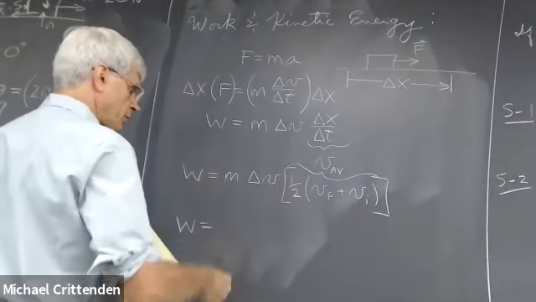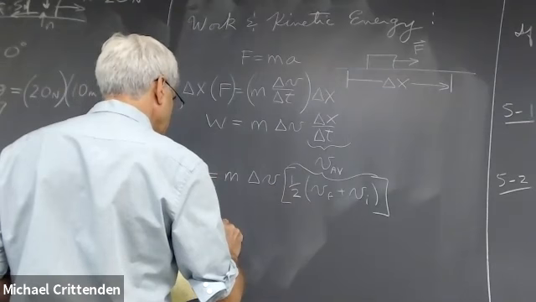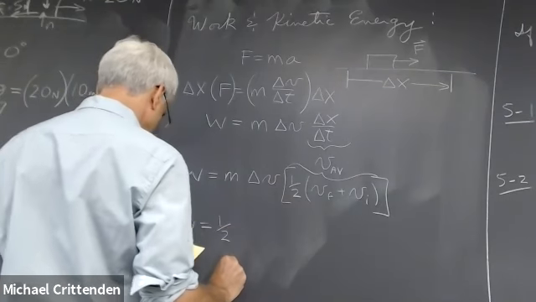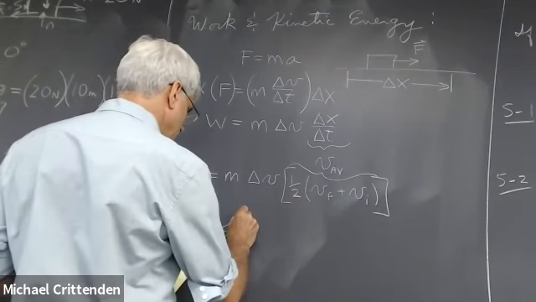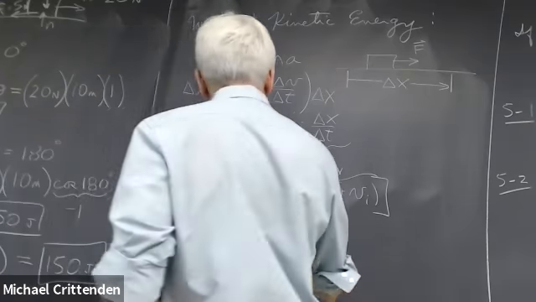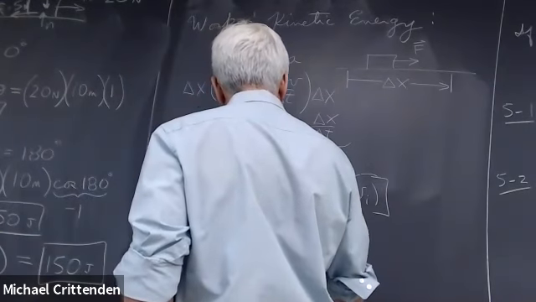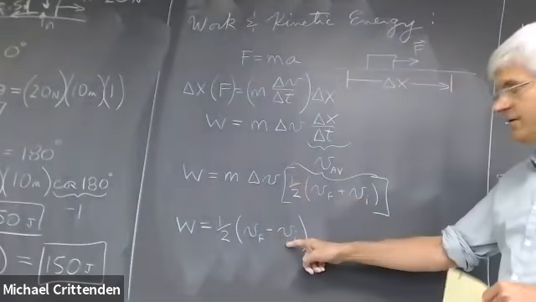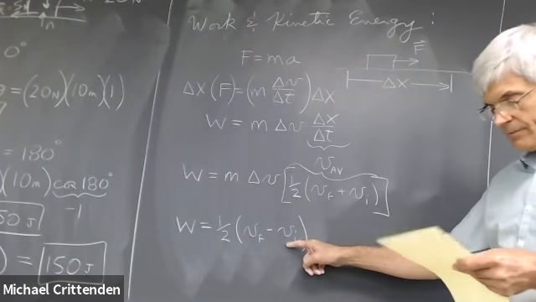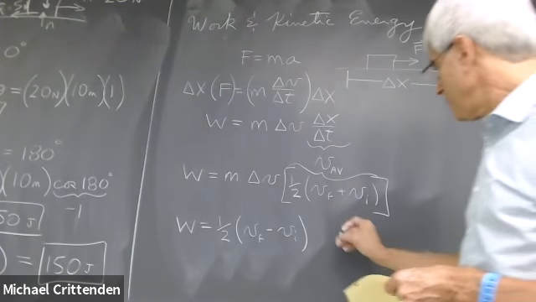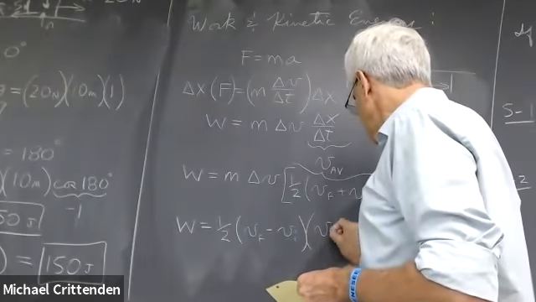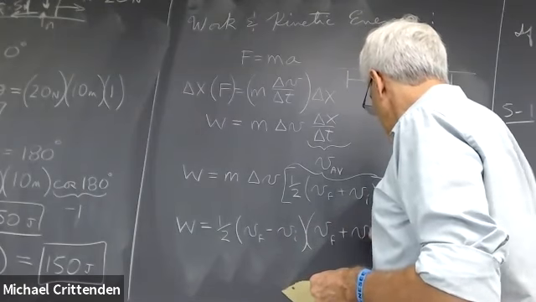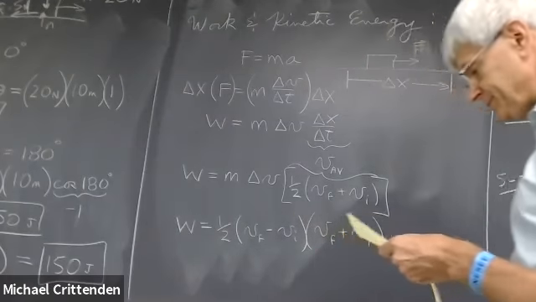I'm going to stick the 1/2 over here in front of everything else. Delta v, of course, means v final minus v initial. So instead of just writing delta v, I'll write that out. And then recopy the v final plus v initial.